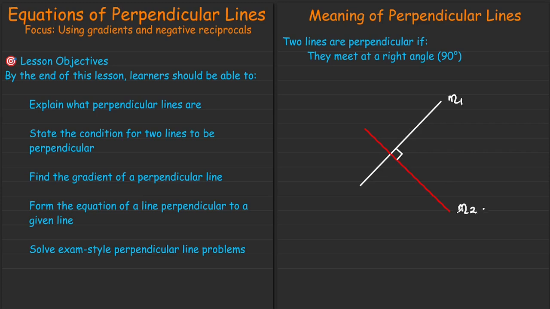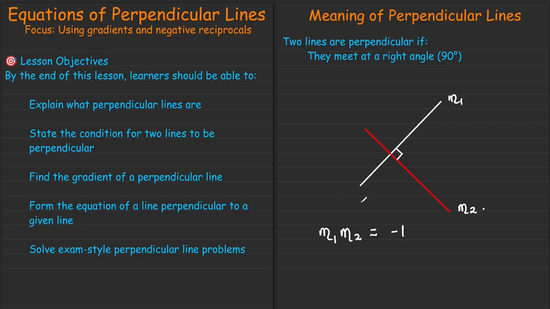So the property is that if the lines are really perpendicular, and that is to say, if the angle between these two lines is 90, then if we multiply their gradients, so that is, we multiply M1 by M2, we are going to get -1.